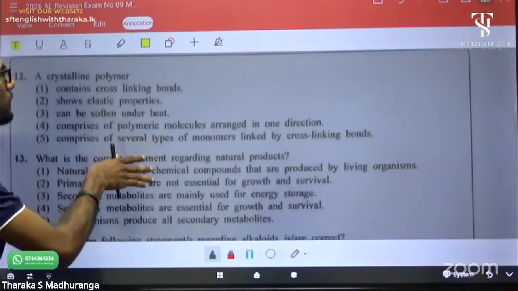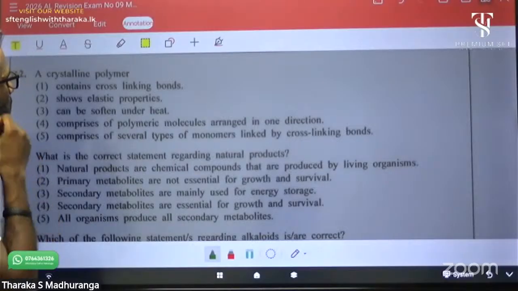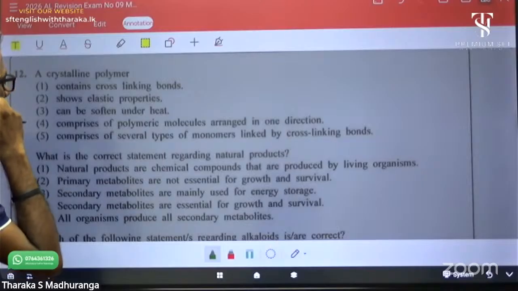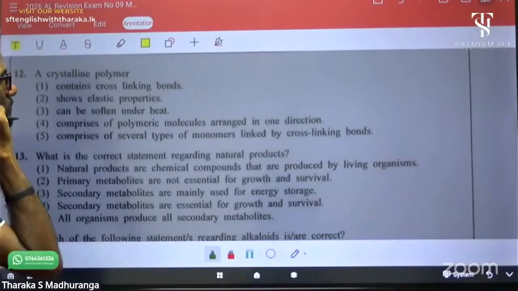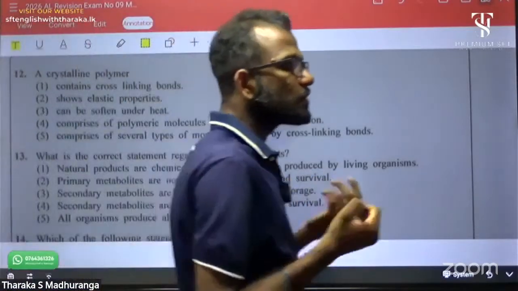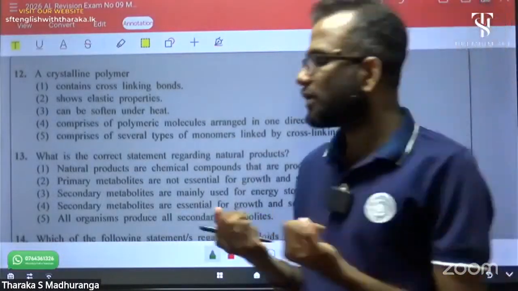What's the meaning of crystalline polymer? Crystalline polymers are actually complex ones.